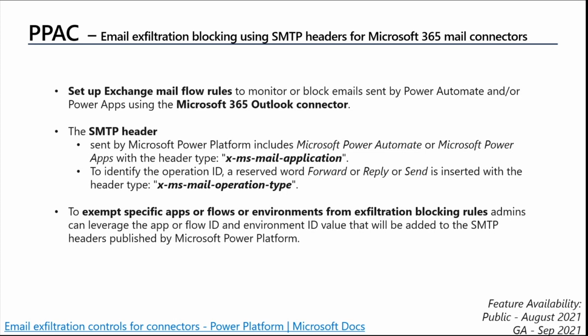In addition, for admins to exempt a specific app, flow, or environment from exfiltration blocking rules, where they facilitate legitimate business use cases, admins can leverage the app ID, the flow ID, or the environment ID value that will be added to the SMTP headers published by Microsoft Power Platform.